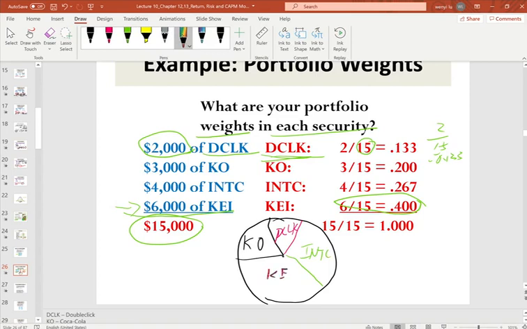So that's the proportion of your money spent on the different securities in this portfolio. This proportion we call the weight, the weight of the securities in the portfolio.